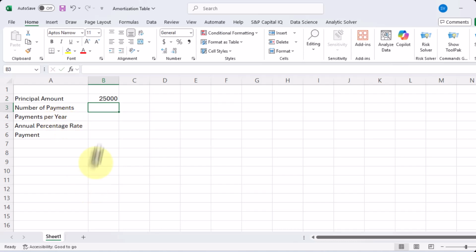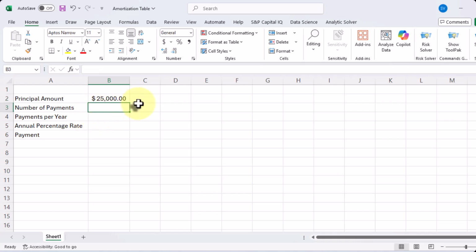Then I'll format this for a dollar amount here. The number of payments we'll say is 48, so we're going to have 48 monthly payments. So 4 years worth of payments, and the payments per year would be 12, so we have monthly payments there. We'll say the annual percentage rate is 7%. And we can also format that to be a percentage up here.